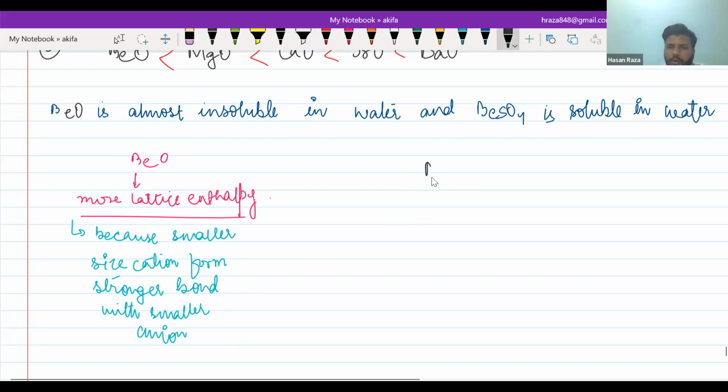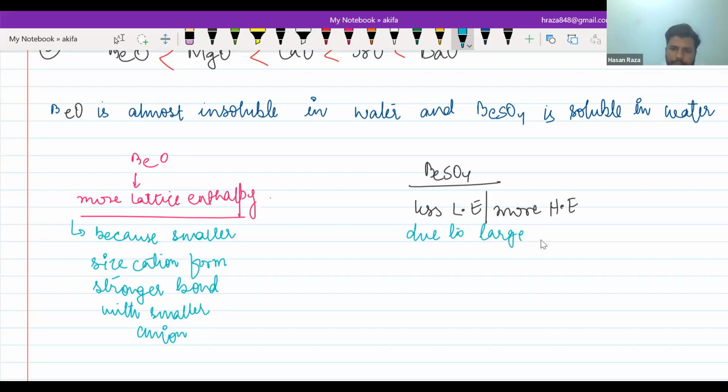Now we are going to talk about BeSO4. It has less lattice enthalpy and more hydration enthalpy due to the large difference in the size of cation and anion.